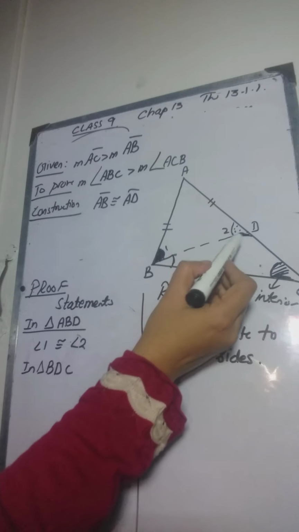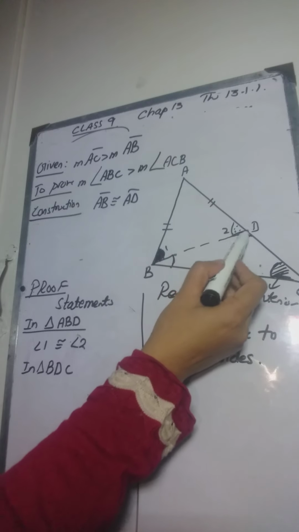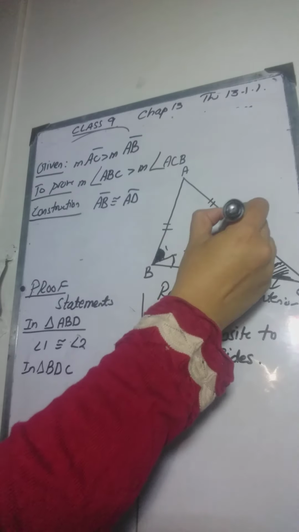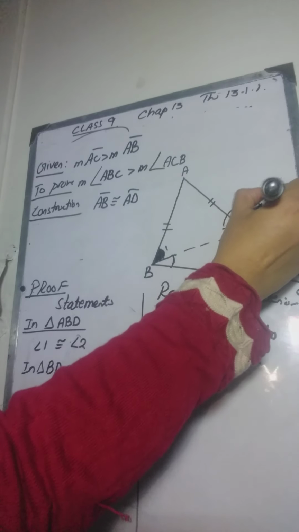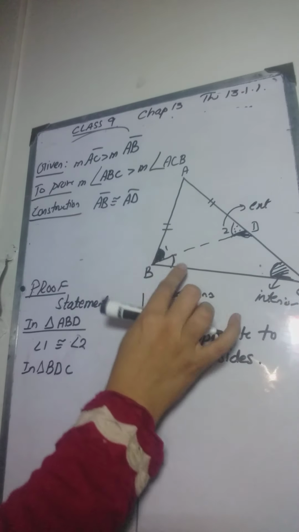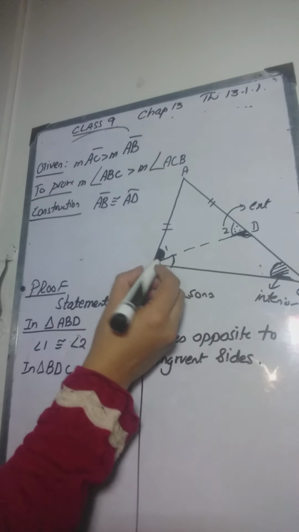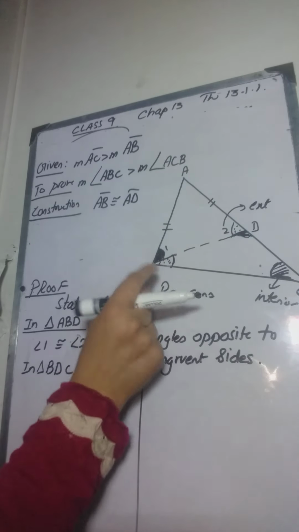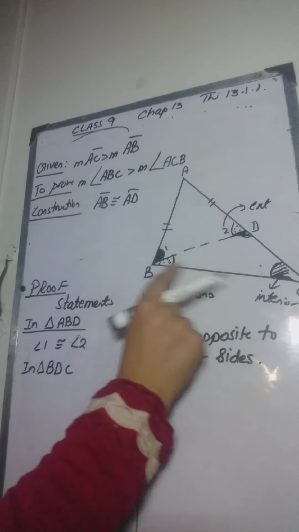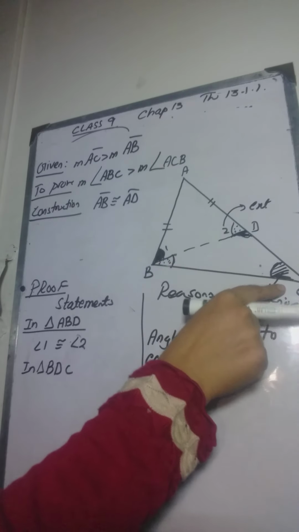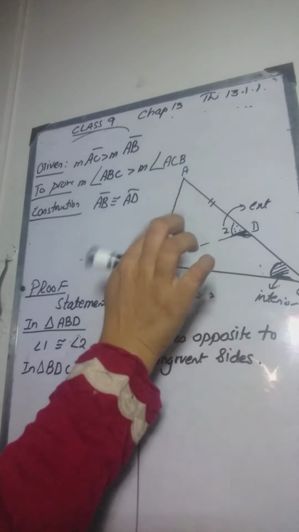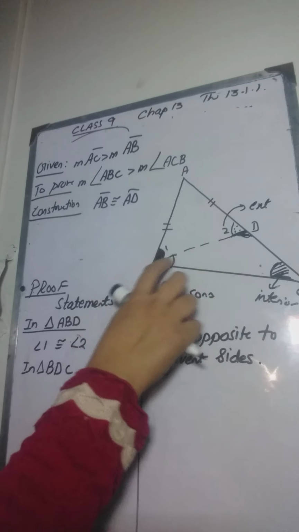So as it is a supplement of this angle, it is an exterior angle to this triangle, and angle B and angle C, this angle, the dotted one, and this angle, these are the non-adjacent interior angles for angle 2. So angle 2 will be greater than both of these angles.